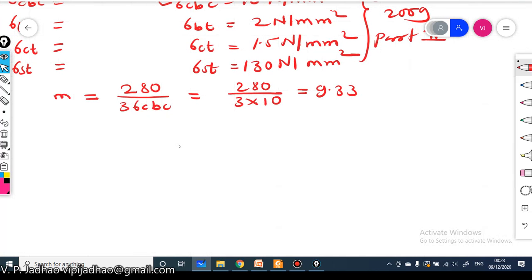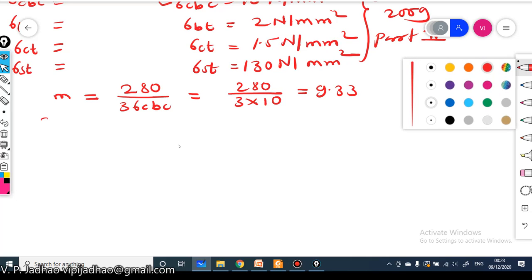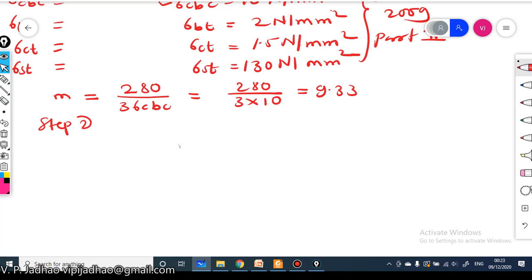Now we'll start with the design for hoop tension. Write down step number 2; we can consider the above portion as step number 1.